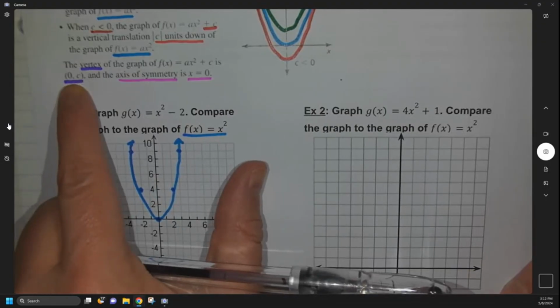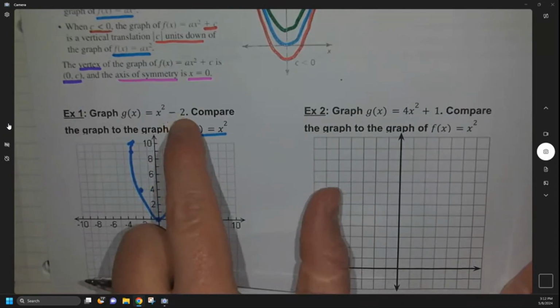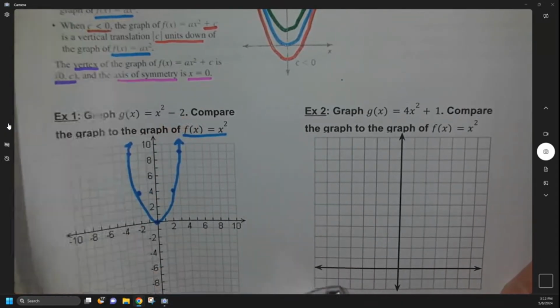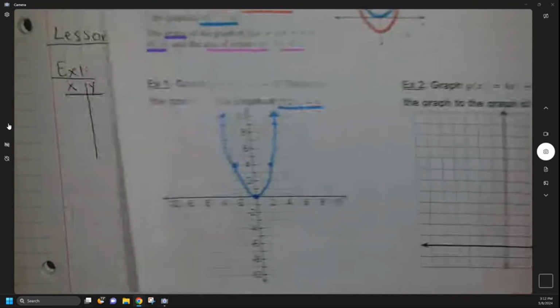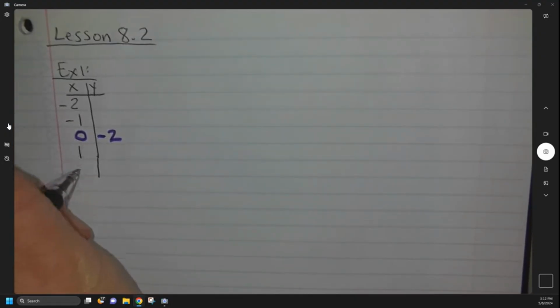Remember that the vertex is 0 and then that same number. So if I have this -2, that means my vertex is going to be 0, -2. So the middle value that I'm going to have is 0, -2, that's that vertex right there. Actually, let's use purple here to remind ourselves that that's the vertex. And we're going to choose a couple points above and a couple points below. So let's just do -2, -1, 0, 1, and 2.